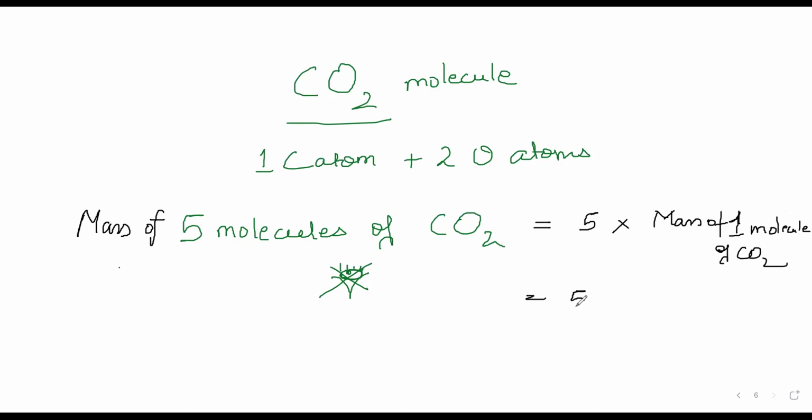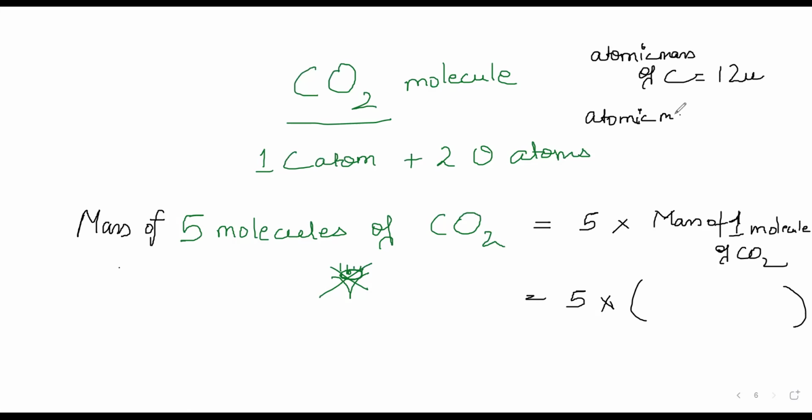And how do we calculate the mass of one molecule of CO2? It's very simple. You need individual atomic masses. So the atomic mass of carbon is 12 U, and the atomic mass of oxygen is... You can easily refer to the periodic table, but these are certain basic elements that you will come across every now and then.